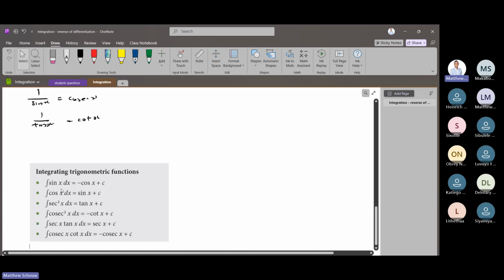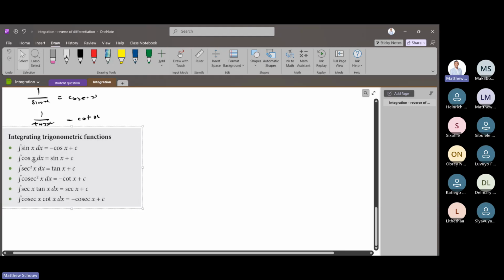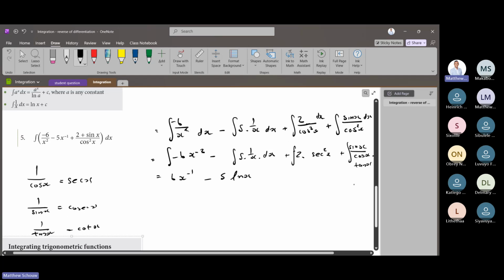So I'm going to paste that over here. As you can see, each of these functions has an integral. That's the reason why I ended up with sec x tan x. In fact, this should guide you because everything will somehow result into something like that. So what we have over here is plus 2.